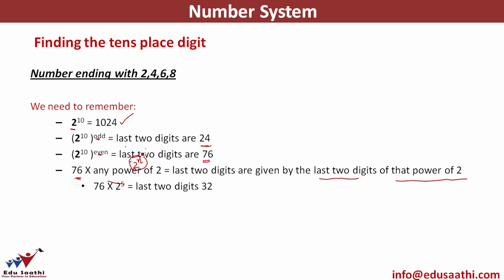So if it is 76 into 2 raised to power 5, the last two digits would be 32. If it is 76 into 2 raised to power 6, the last two digits will be for 2 raised to power 6, which are 64. Similarly, 76 into 2 raised to power 10, the last two digits will be for 2 raised to power 10, which is 24.